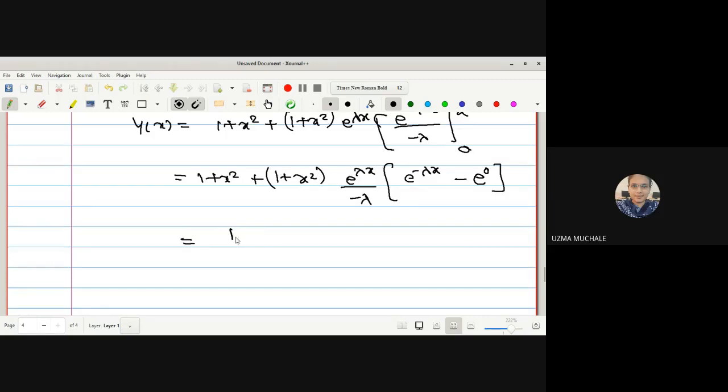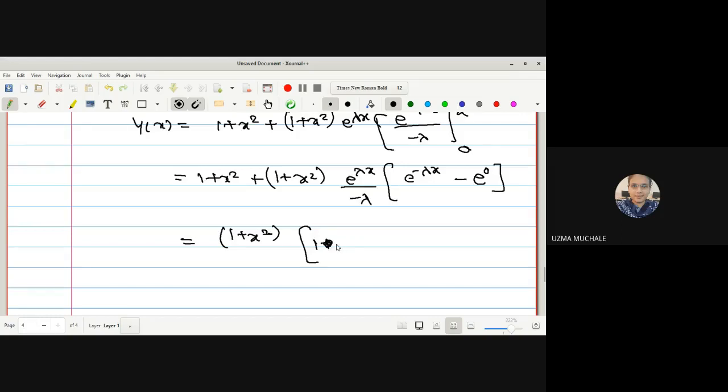Now we can take 1 plus x square common from both and we get it as 1 plus this e raised to lambda x. Inside if you multiply it will be e raised to plus lambda minus lambda will be 1.